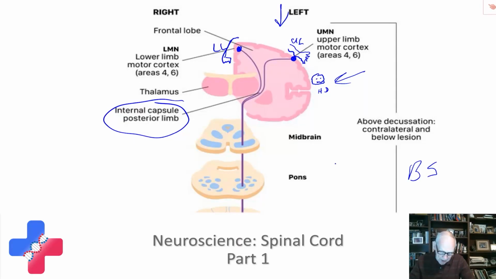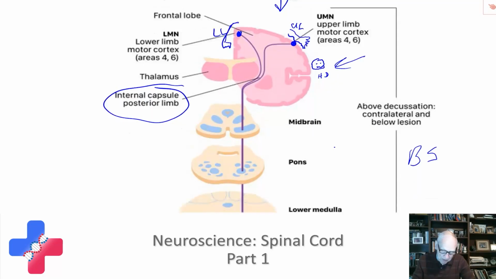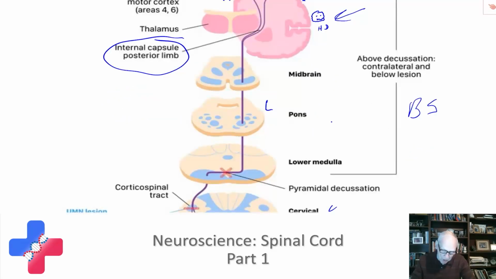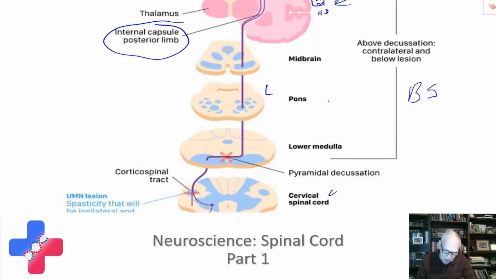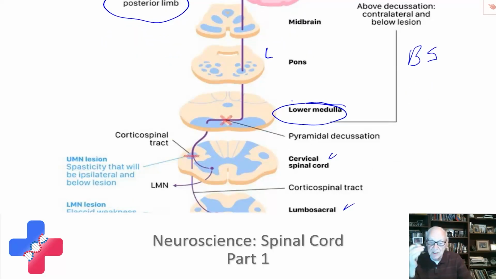So we come down the left side of the brainstem still, and then where do we cross? Lower caudal medulla. So there's the decussation. Notice that crossing over of roughly 90% or so of these million fibers forms that large, massive crossover point called the pyramidal decussation. It's in the lower medulla.